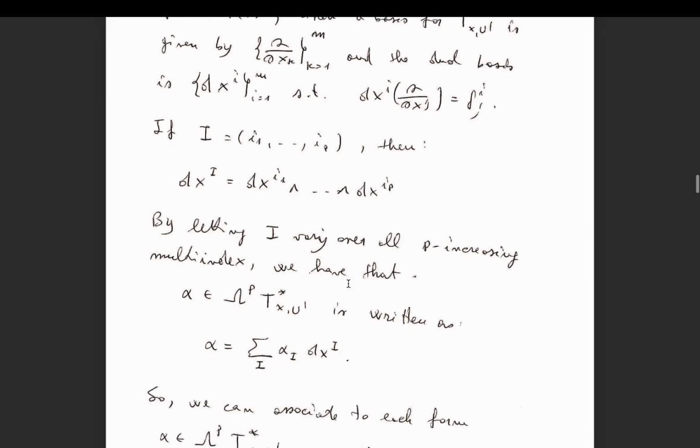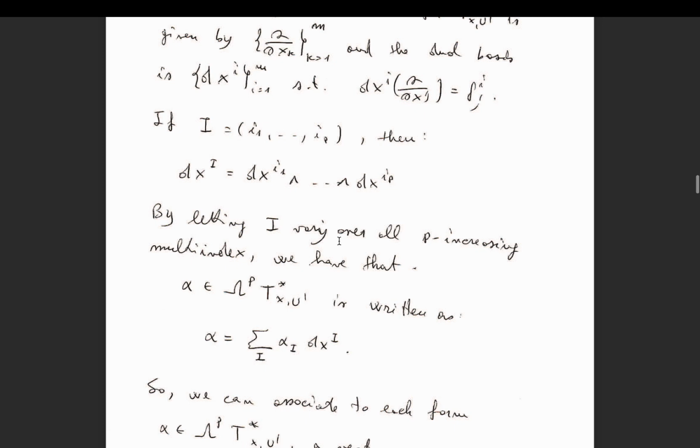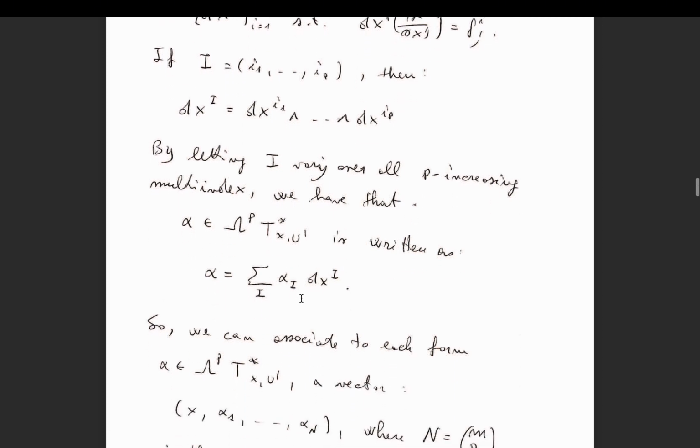By running I over the set of all increasing p-indices, which in number are equal to m choose p, which we will now call capital M, we have that a form alpha of Lambda p T_x of U prime can be written as the sum over all these p-indices of alpha_I dx^I.